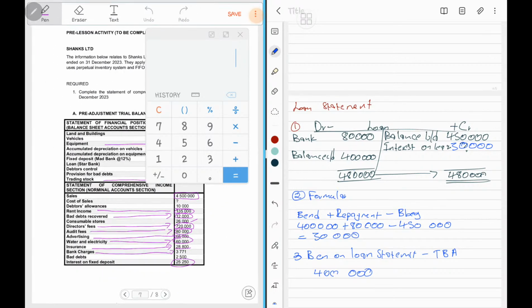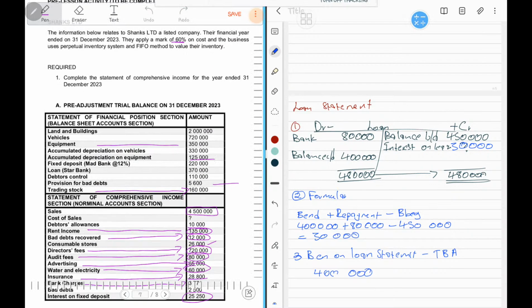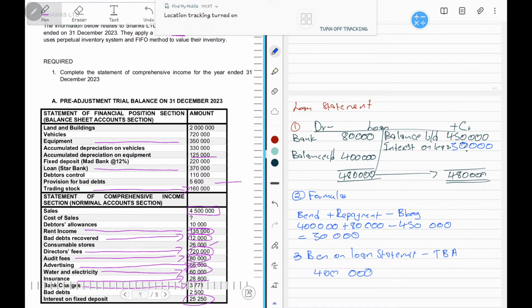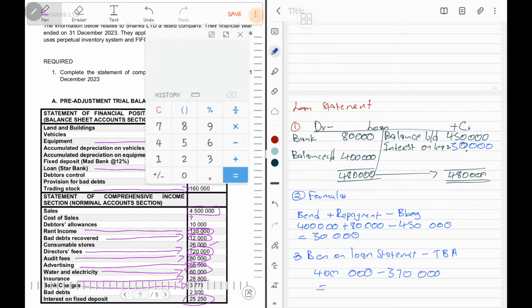On the loan statement it's 400,000, but on the trial balance it's 370,000. So this one is just short of the interest. So if we take the 400,000, then we subtract the 370,000, it gives us the 30,000.